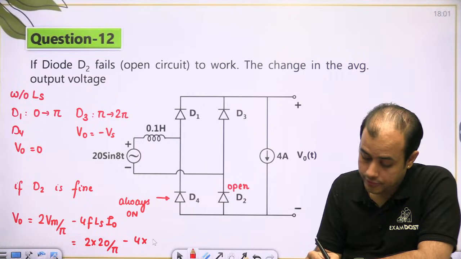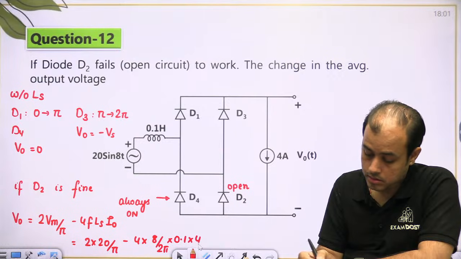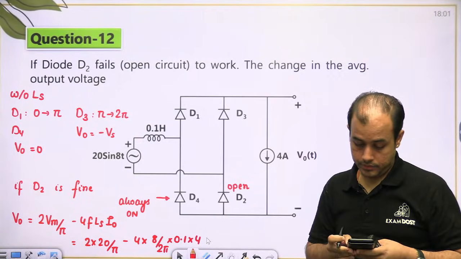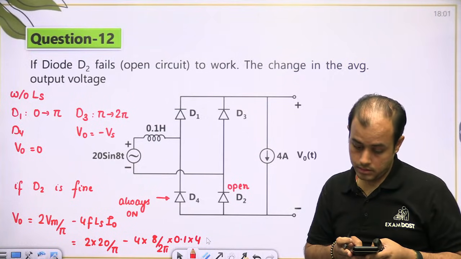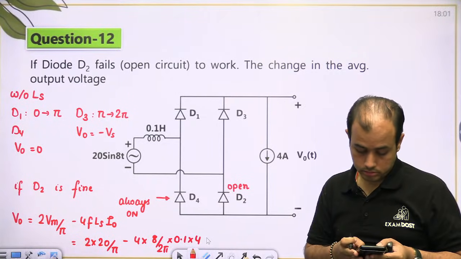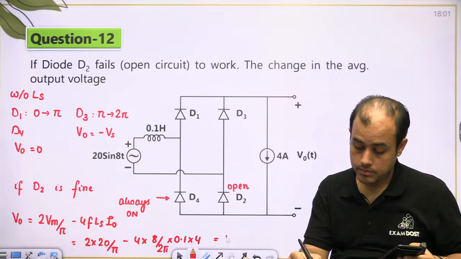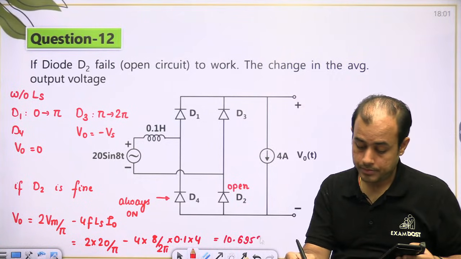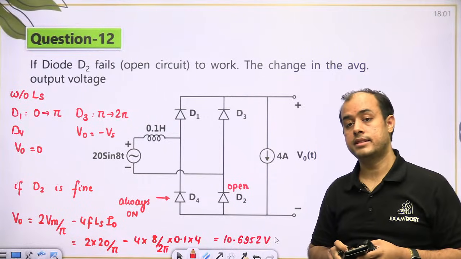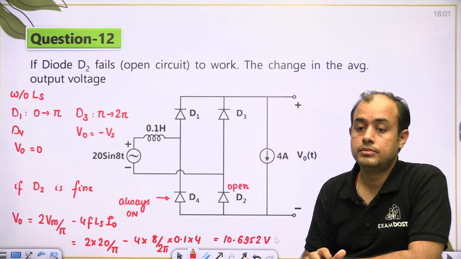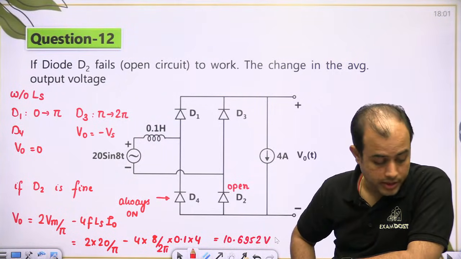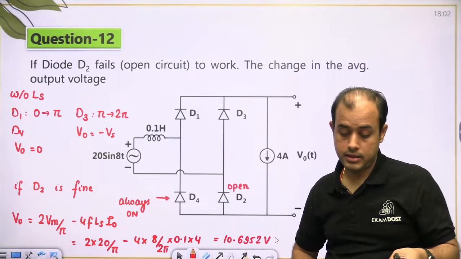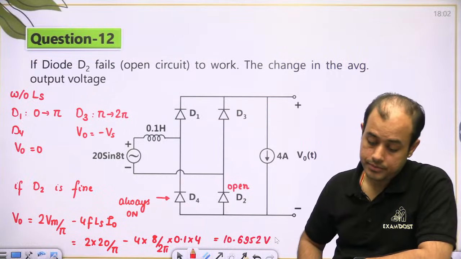Four into F is 8 upon 2 pi, which gives 10.6952. ठीक है, कॉन्टिन्यूस कंडक्शन है तो वी एवरेज में ई का कोई रोल नहीं होगा बख्शी जी। 10.6952। ठीक है, ये आ गया अपने पास पहला V0.